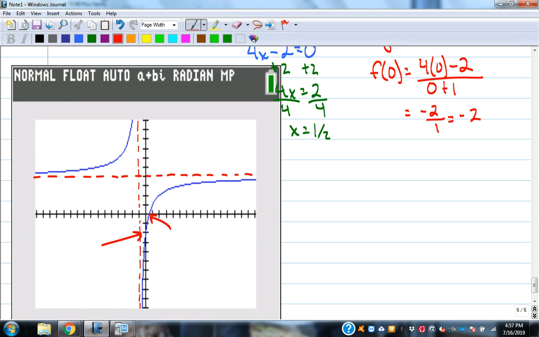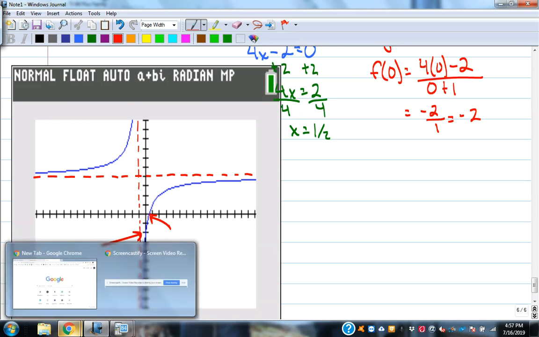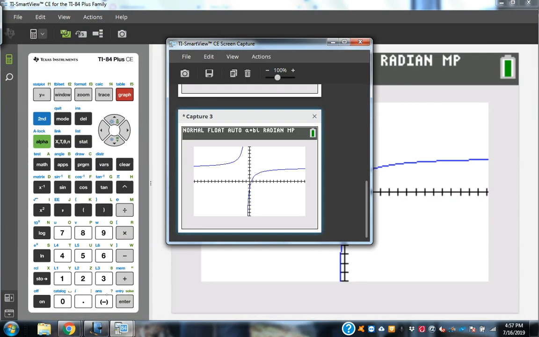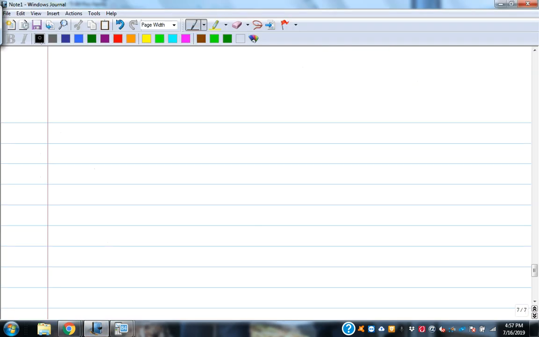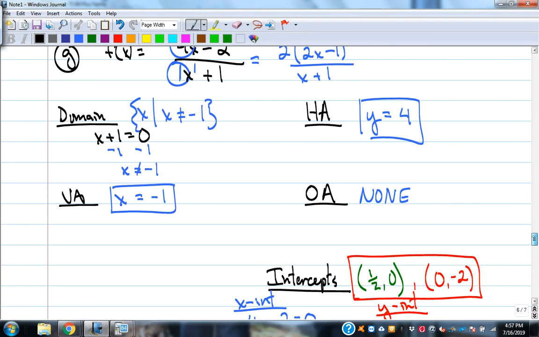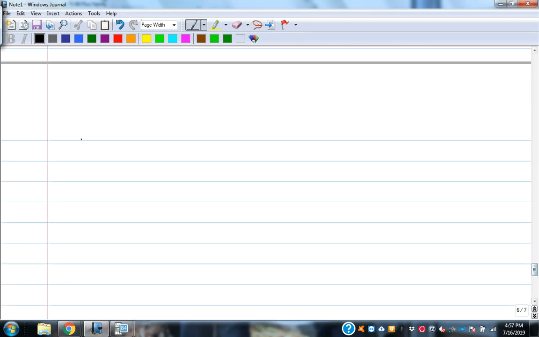All right, so let's look at a different one. Let's say we had, what letter are we on here? H. F of x is equal to x squared plus x over x squared minus 1.